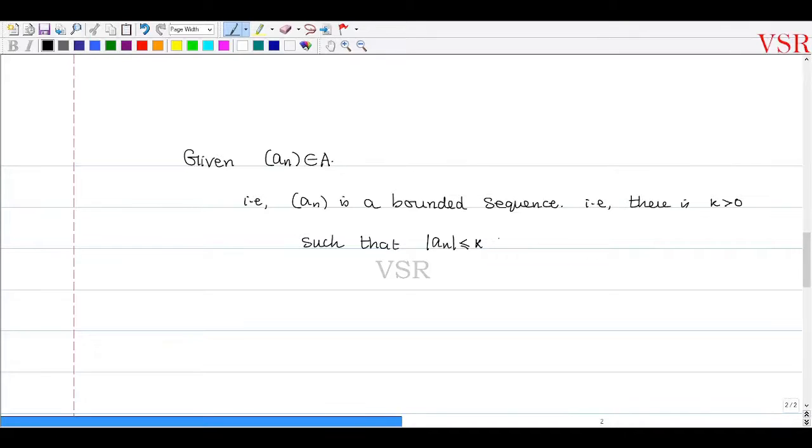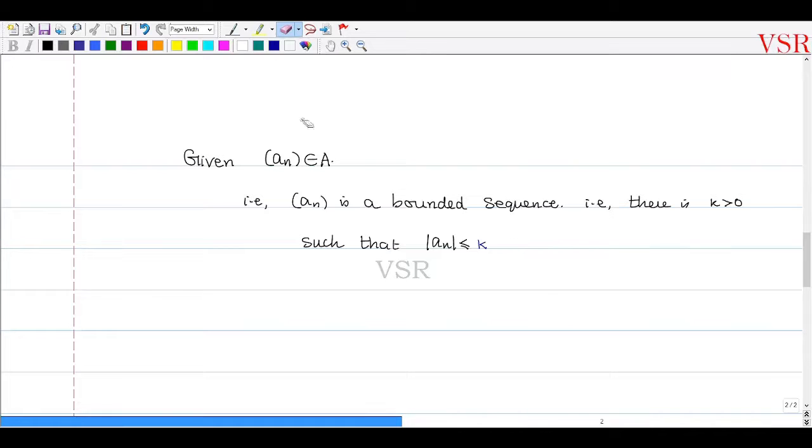Okay, k for every n. இந்த இடத்துல k க்கு பதிலா வேற என்ன எடுத்துக்கிட்டோமா? There exists k such that modulus of an is less than or equal to k, which is strictly less than 2k. Of course எனக்கு இது இப்போதைக்கு தேவையில்லை.